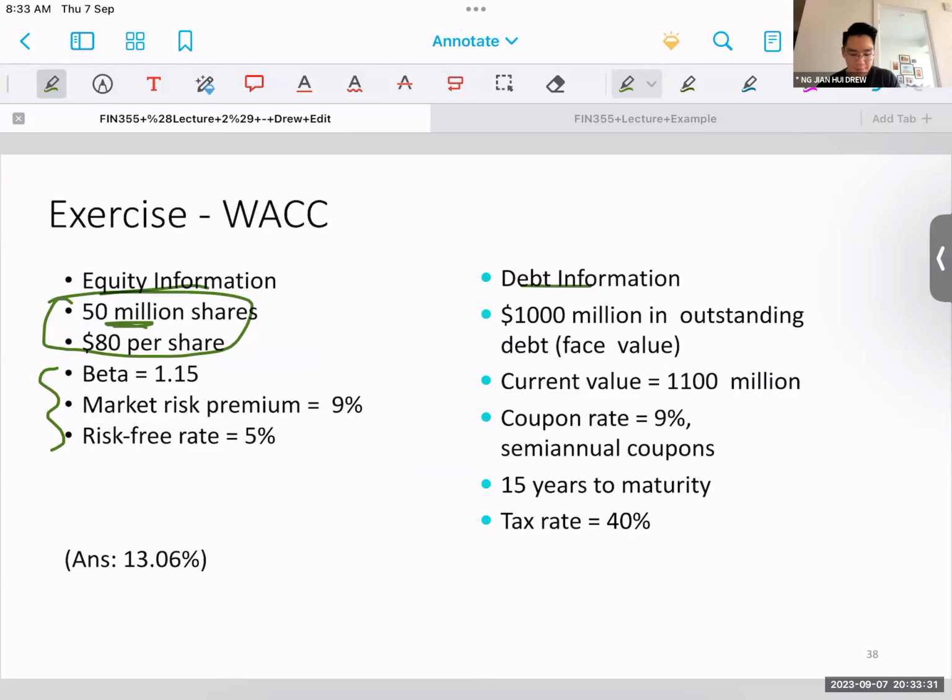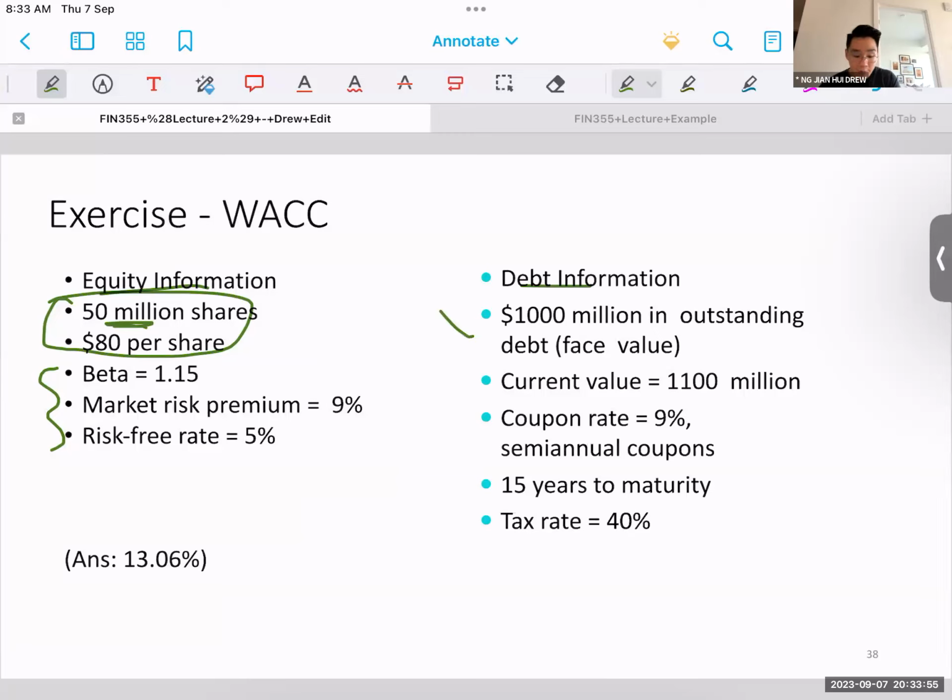Now let's look at the debt information. Usually debt is a bit more complicated, so whenever you want to do the cost of debt, even for your group assignments, try to spend some time looking at it, because some debt is a bit tricky. What do you have to look at? You have the face value here, which is the par value.